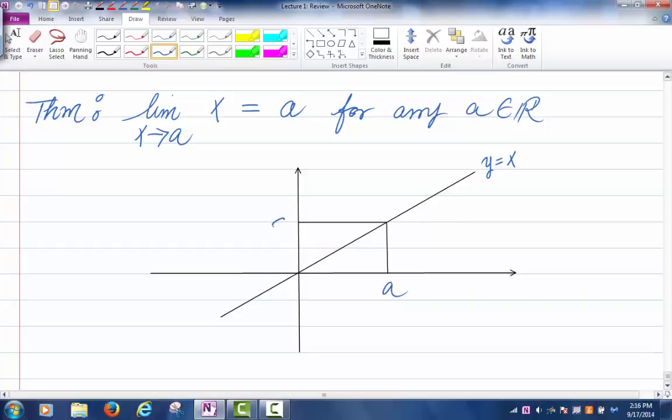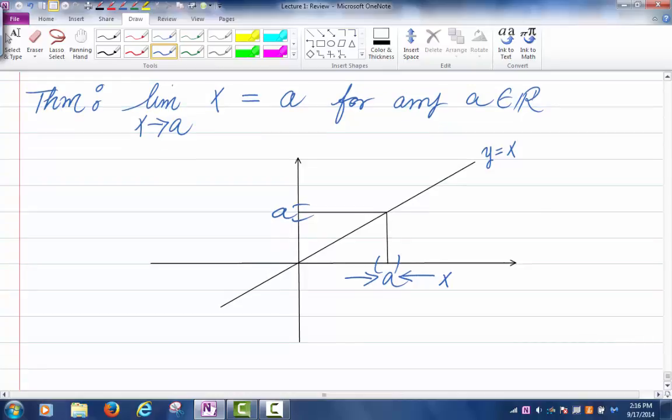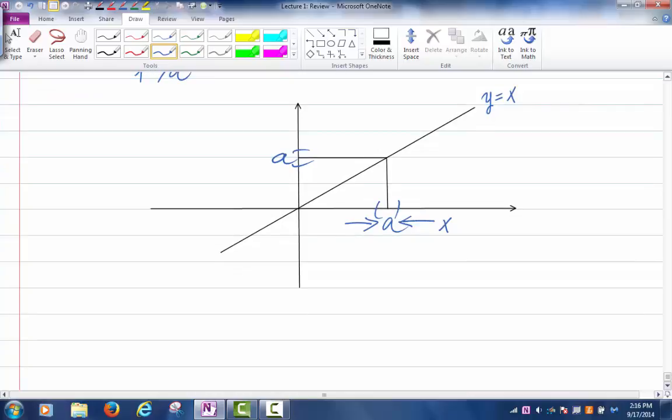A as well, right? And now what's the limit as x approaches a? Well, the question is, can I make the value of the function as close to a as I desire by picking x sufficiently close to a? The answer is obviously yes. So the limit of x as x goes to a is a. Okay.